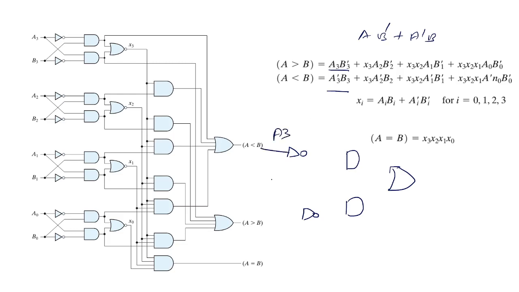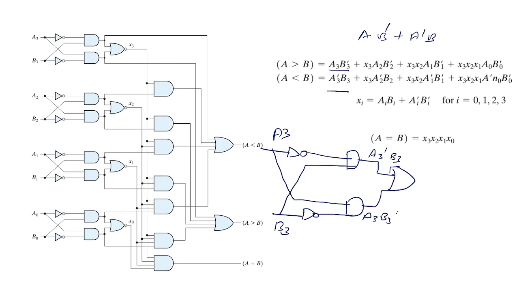Okay, this is my A3, this is my B3. I will be connecting it directly. If you see, this output is A3 prime B3, and this is A3 B3 prime. A3 prime B3 or A3 B3 prime is XOR operation.